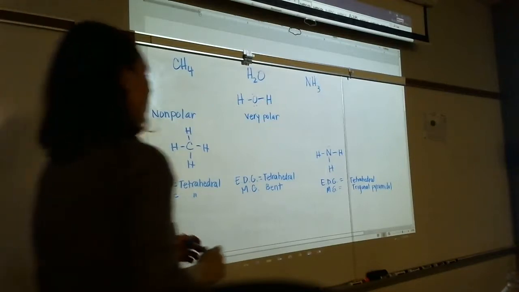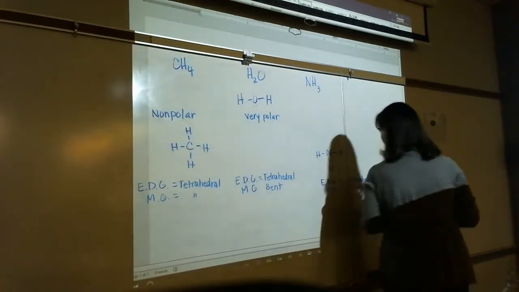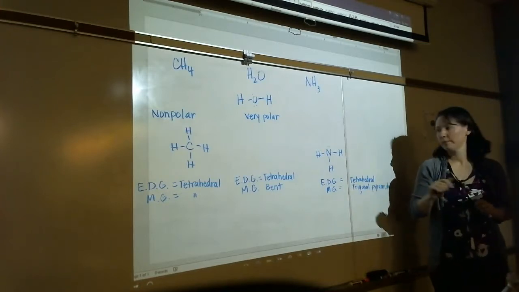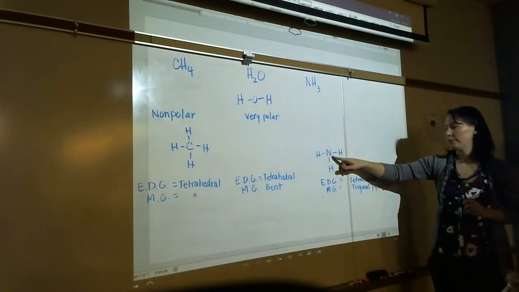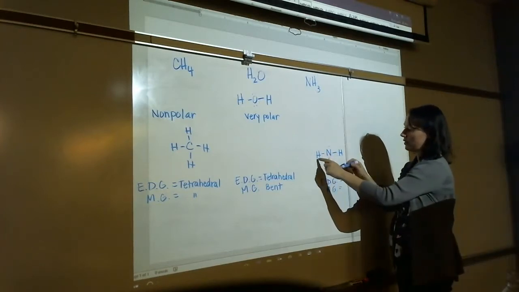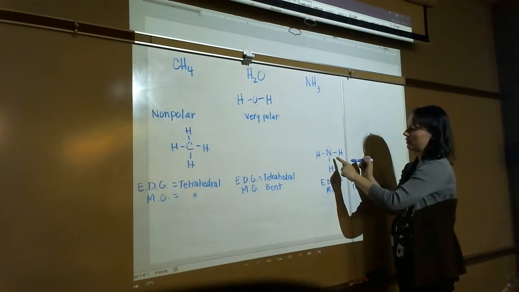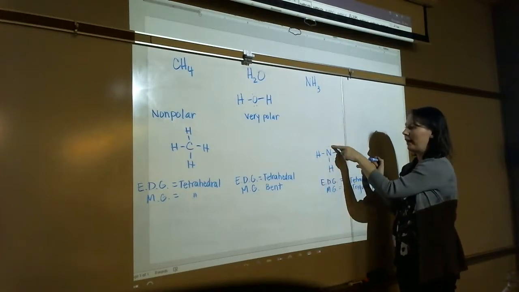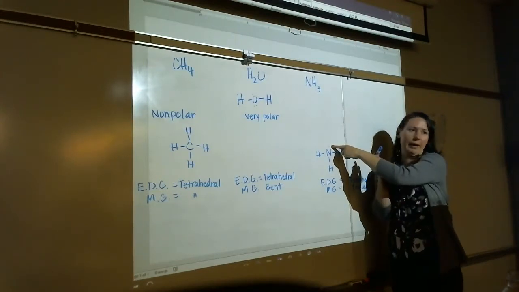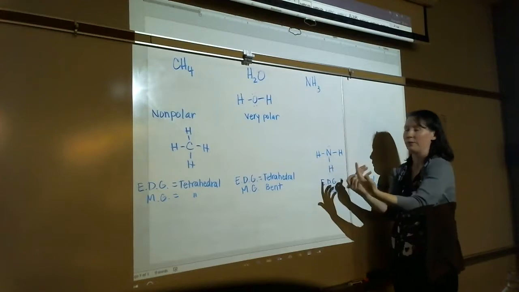Now let's ask ourselves, is this polar or not? Is a nitrogen-hydrogen bond polar? Yes, it is. And there are 3 of them. However, you might say, well, this one offsets this one, and this one offsets this one, and this one offsets this one. And that is true. But what do we have here? A lone pair. And is this lone pair being offset by anything? Is there anything on the other side of the molecule that would offset it?